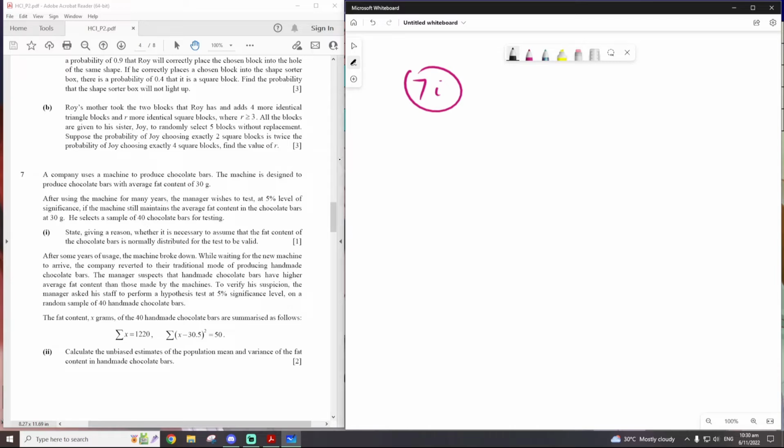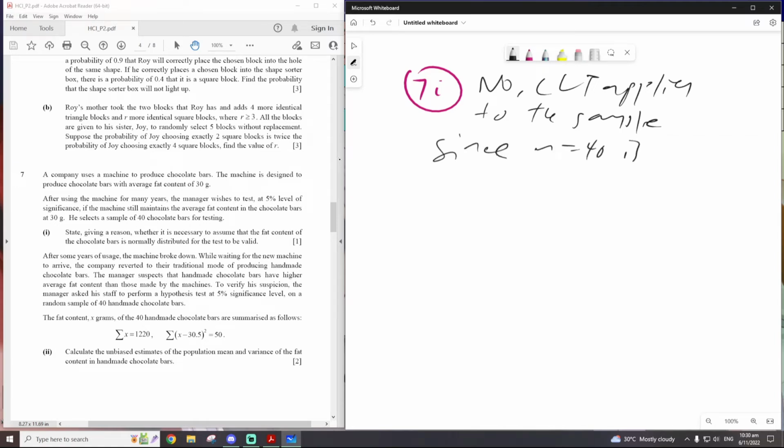Okay, this is a standard question. The answer is no, because the central limit theorem applies. And why does the central limit theorem apply to the sample? Since n equals 40 is large. Of course, write it out in words and give the context when you're actually doing the question. But I think we can all kind of understand that.